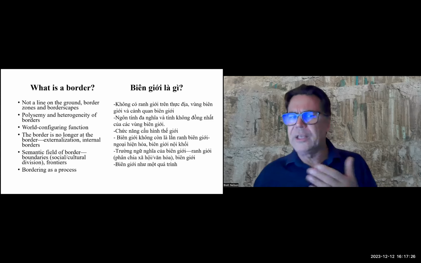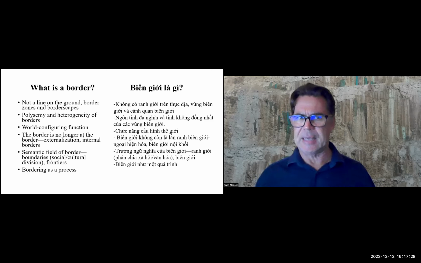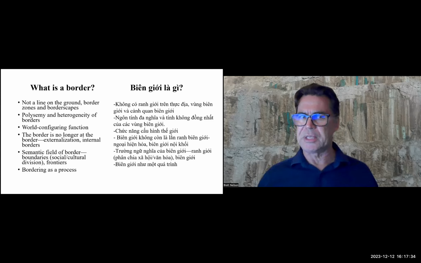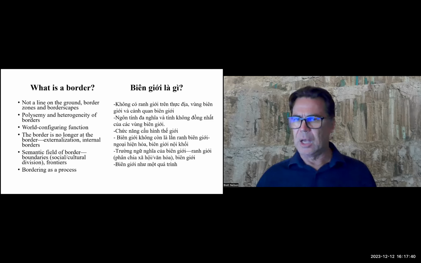Now, one difficulty with restricting our understanding of the border to the national border is the way in which national borders are governed has always involved forms of policing, monitoring, and so forth beyond the border, beyond the line on the map. If you think about the way in which third countries are often involved in flows of migration, we talk about this kind of movement as one of border externalization.